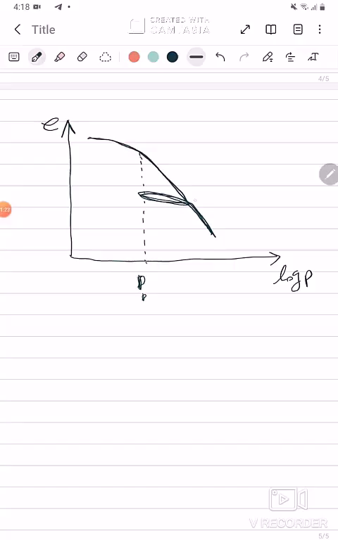So this can be modeled in the HS model, but it cannot be considered in the Mohr-Coulomb model.